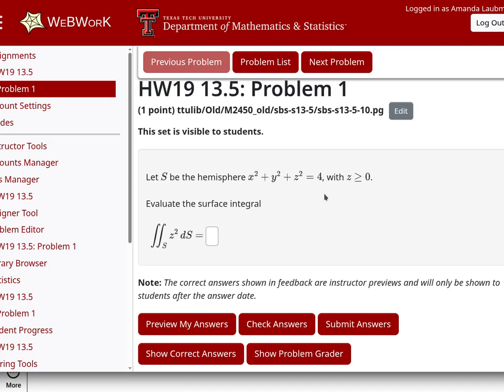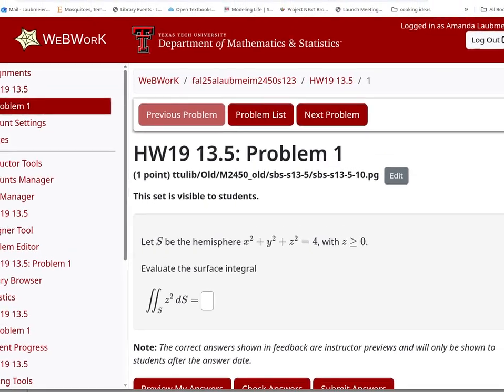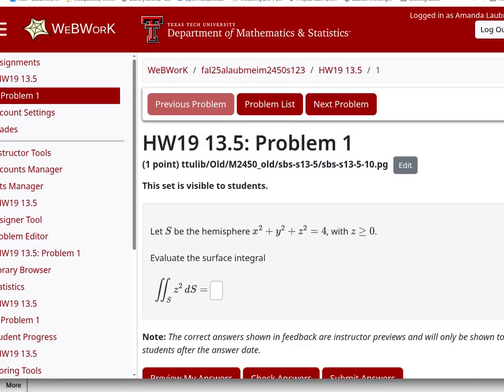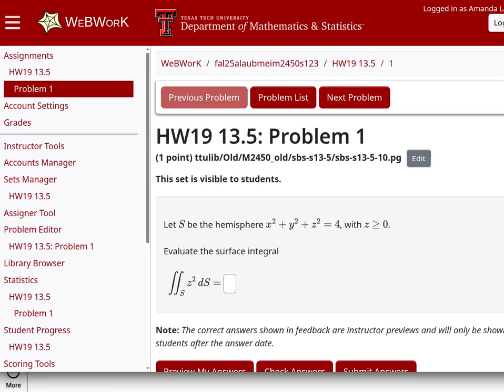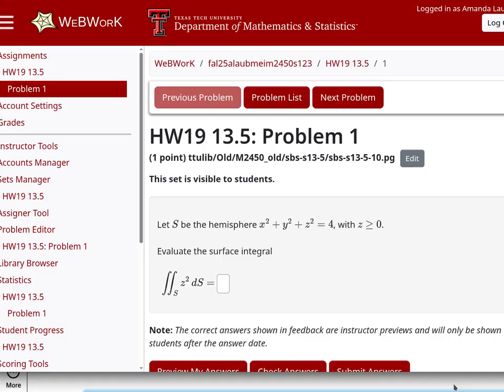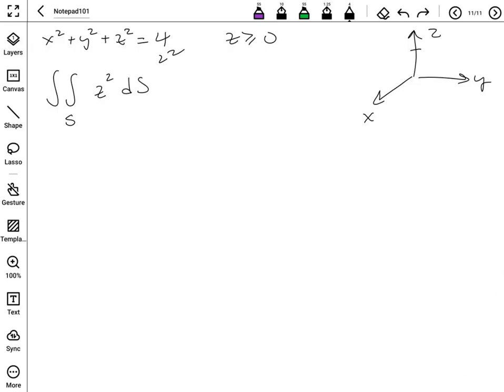It is 4, so it's 2 squared. My sphere is going to go 2 here, 2 here, 2 here, and I'm only thinking about the positive part, for z greater than 0.